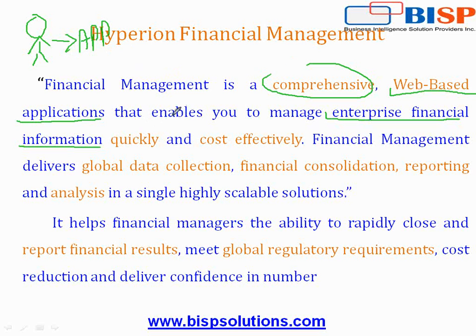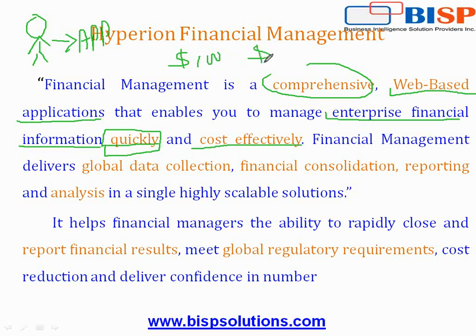It's a contradiction, but what do you do in HFM? You can do it much faster than Excel. You have 100% accuracy in HFM, which you cannot ensure in Excel. It's cost effective. Now, what do you say? I can buy an Excel license for $40, $50, $100, right, for a 3-user license.